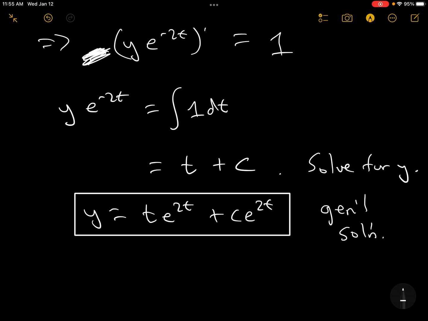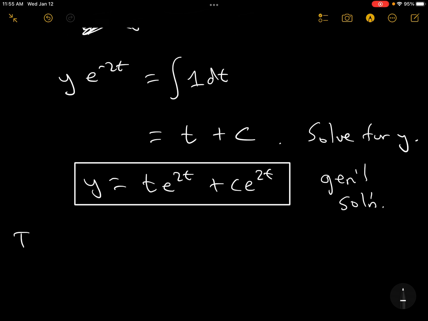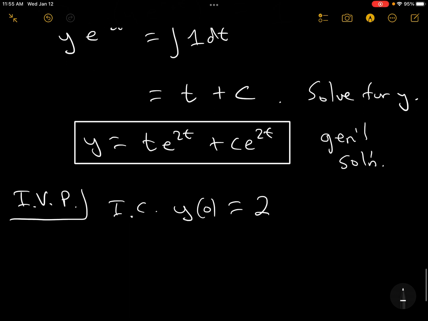Okay, now let's say we wanted to make this into an IVP. And we set some initial conditions. Let's say the initial conditions we gave with this problem were y of 0 equals 2. So when you plug in 0, you get 0 times e to the 0 plus c e to the 0 equals 2.